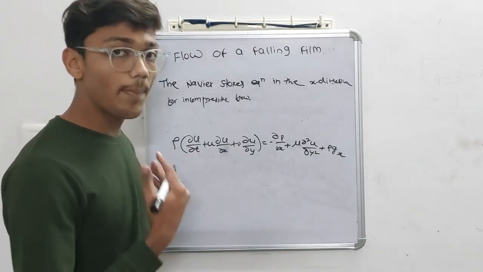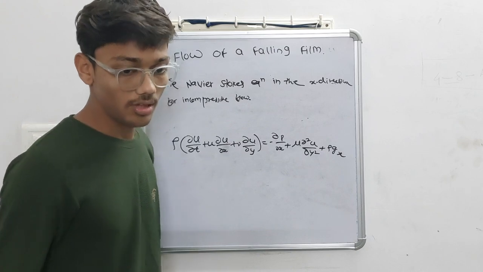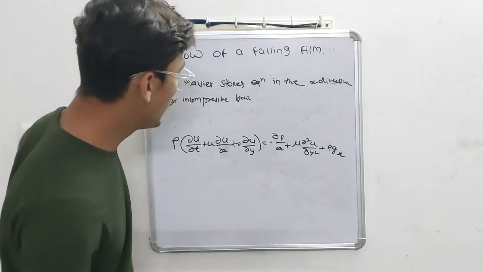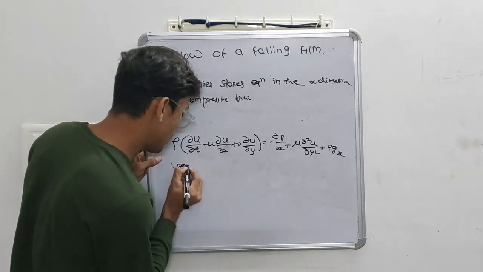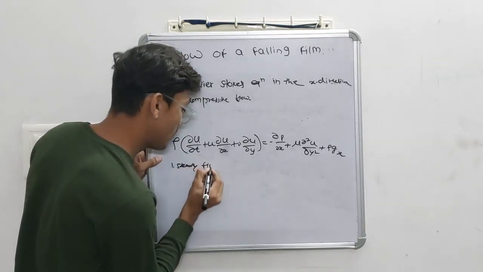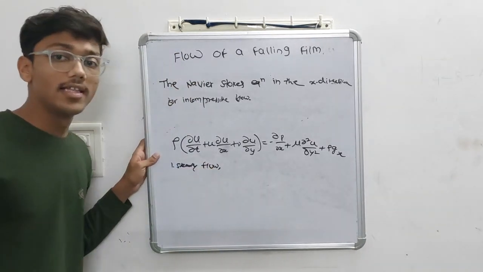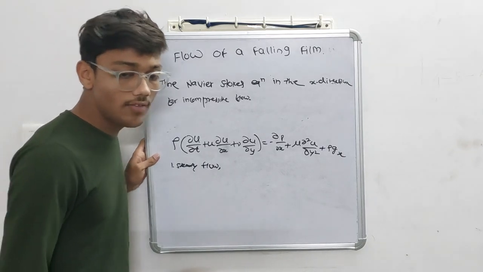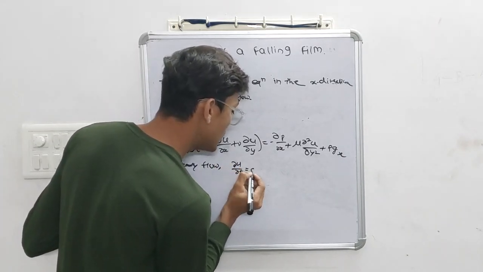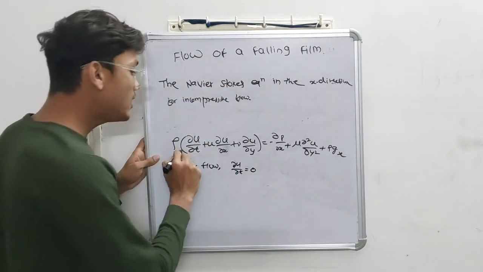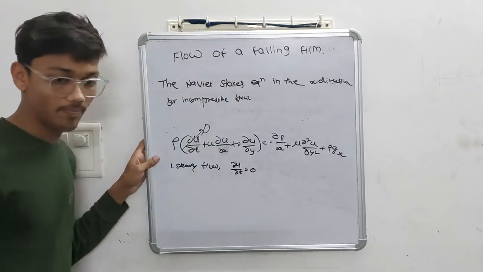So now apply the assumptions. The first assumption is steady flow, so du by dt is 0 and this term becomes 0.